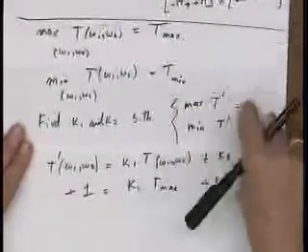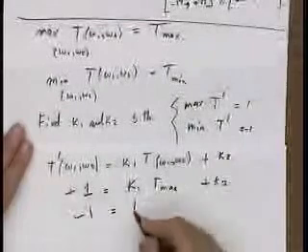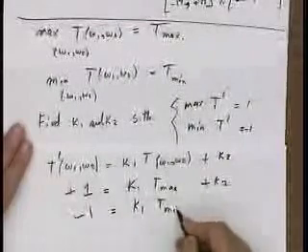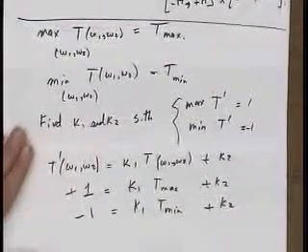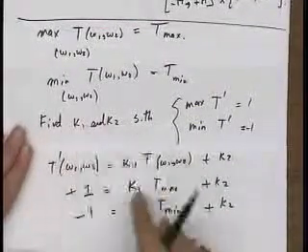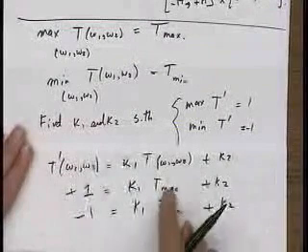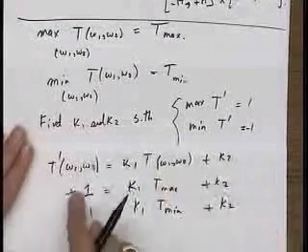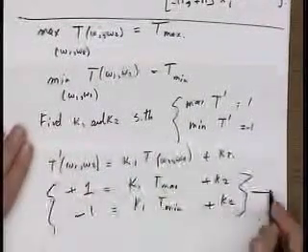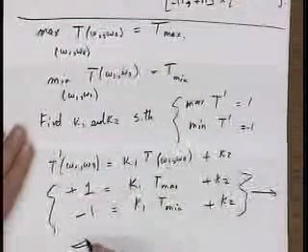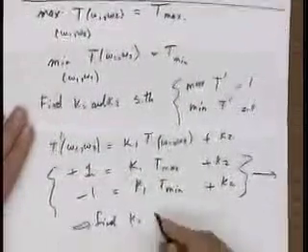That's what this means. And you want it to be minus 1 at k1 t min plus k2, right? You want to find k1 and k2 such that when it's at its maximum, it becomes plus 1, and at its minimum, it becomes minus 1. And using these two things, that's a linear system of equations. You can find k1 and k2.